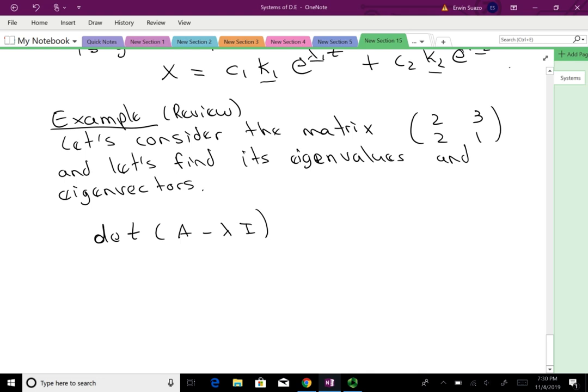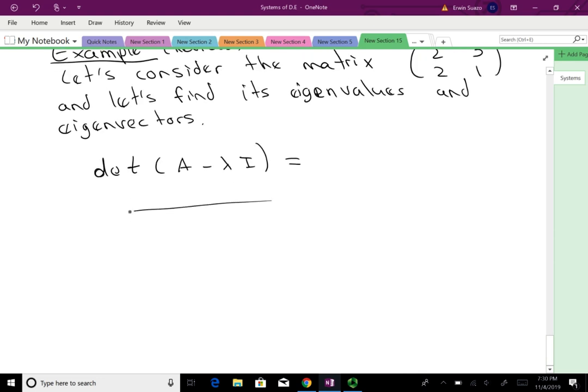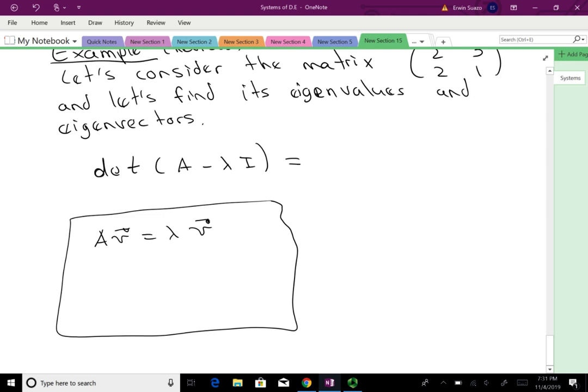So remember that an eigenvalue and eigenvector, we're looking for solutions of the system. Let me do a little closer review. Remember that Ab equals lambda b. So an eigenvalue is a real or complex value such that Ab equals lambda b.